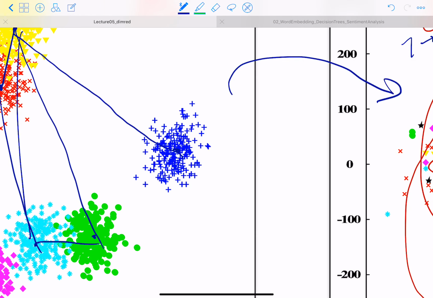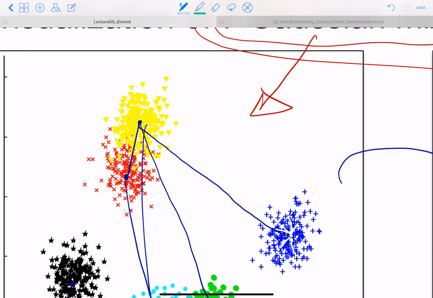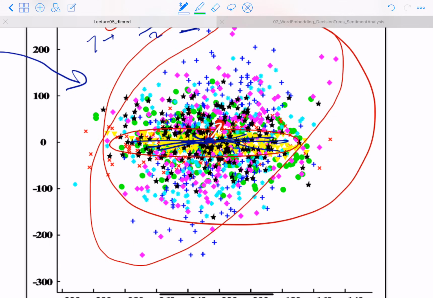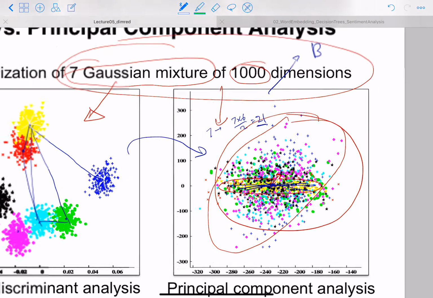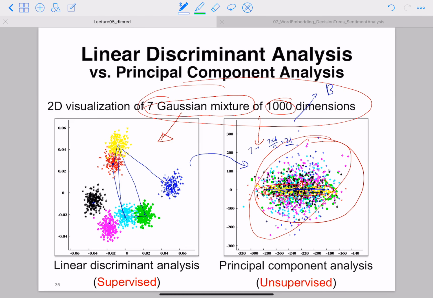And what about the within cluster distance? Those distances are much smaller than the within cluster distance over here. So LDA will minimize the within cluster distance and at the same time maximize the between cluster distance.